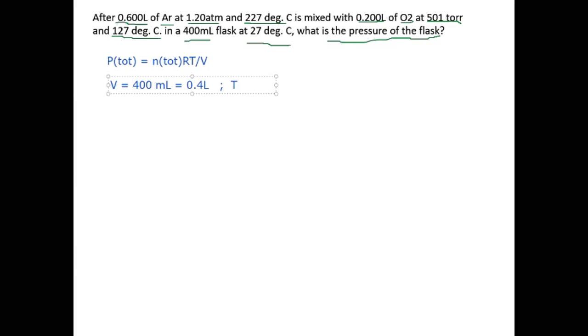T is given to us, 23 degrees Celsius, which we convert to Kelvin, 296 Kelvin. The only thing we're missing is the total moles of gas in the mixture. Once we find that, we can determine the total pressure of the mixture.